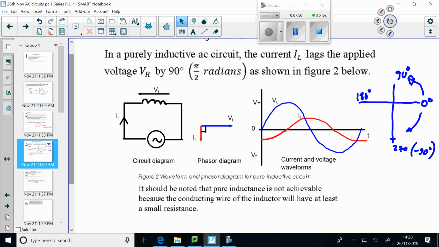And this current lag is happening because of what you were looking at when you looked at self-inductance last week. As the voltage is rising, the current's trying to rise quickly, and the back EMF, do you remember that term from last week, is forcing it down. So that's what forces this current to lag behind the voltage.